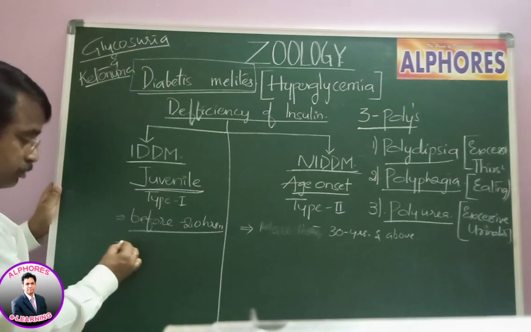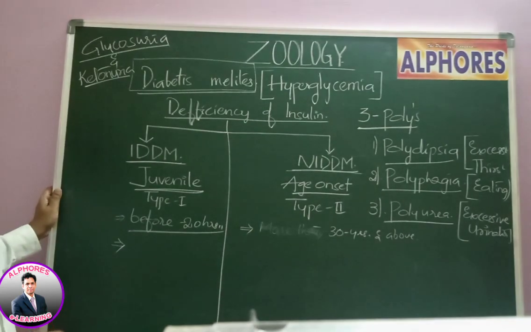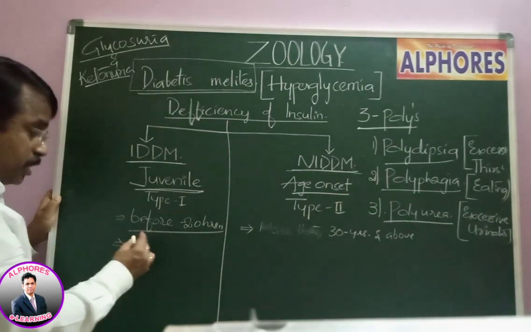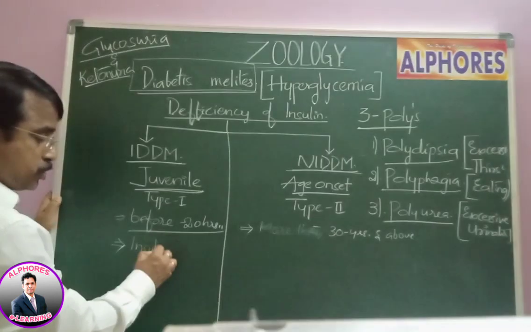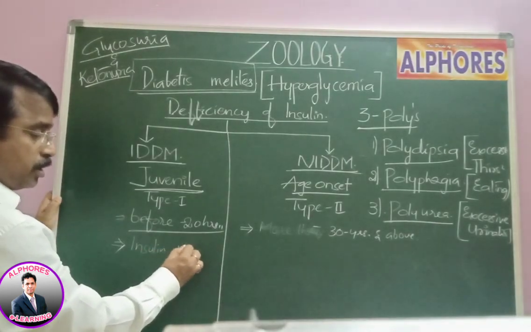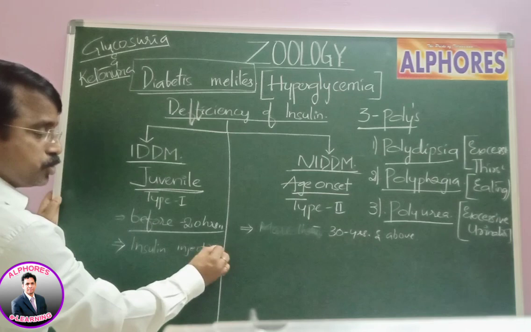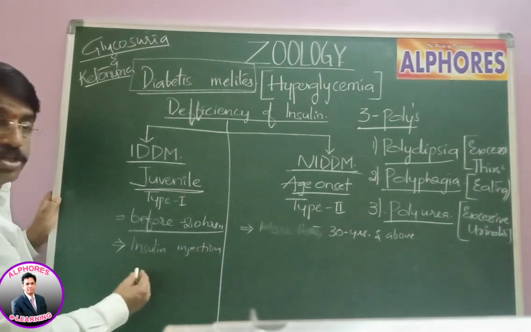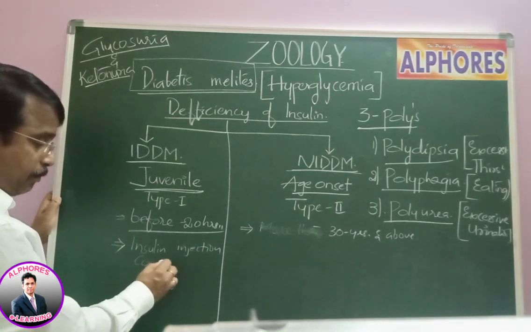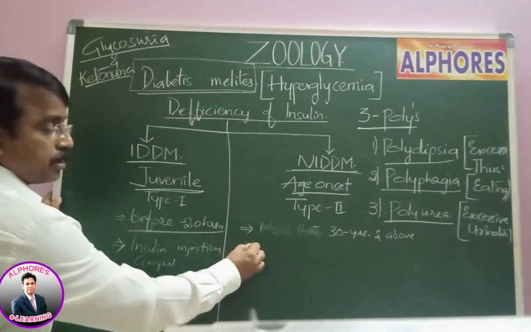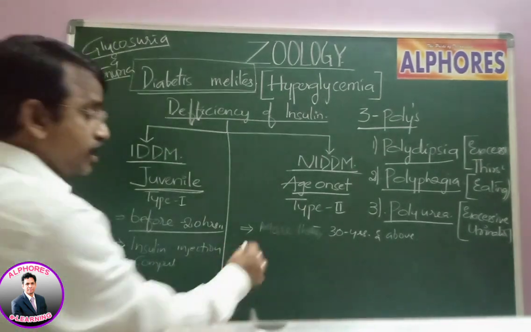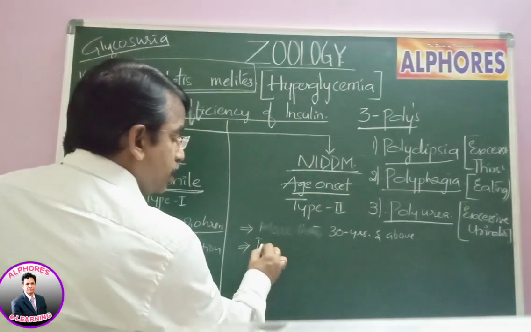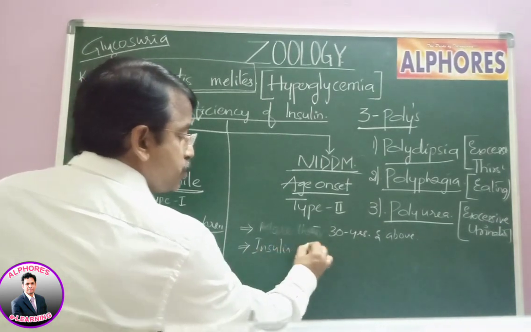Next, in IDDM they require insulin injection. Insulin injection is compulsory, a daily insulin injection. Whereas here, insulin injection is not required.